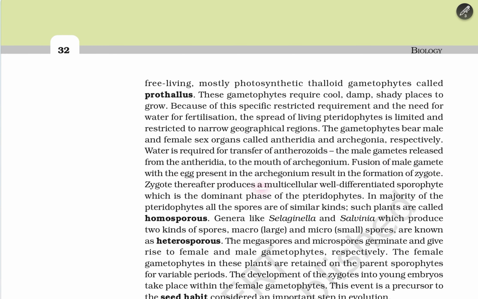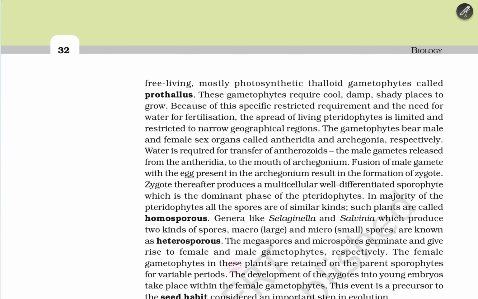The zygote thereafter produces a multicellular, well-differentiated sporophyte, which is the dominant phase in pteridophytes. In the majority of pteridophytes, all the spores are of similar kind, known as homosporous. Genera like Selaginella and Salvinia, which produce two kinds of spores, macro and microspores, are known as heterosporous. The megaspores and microspores germinate and give rise to female and male gametophytes respectively.